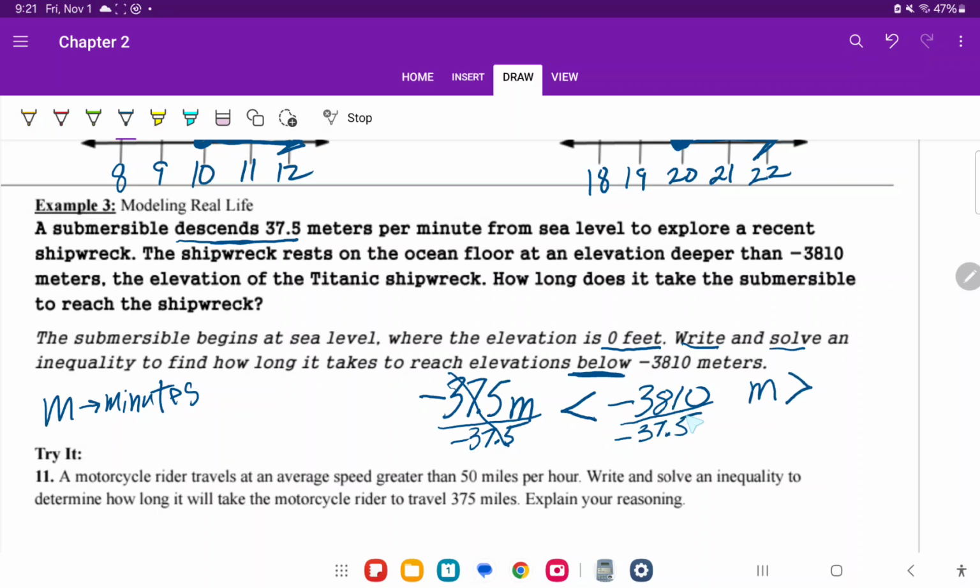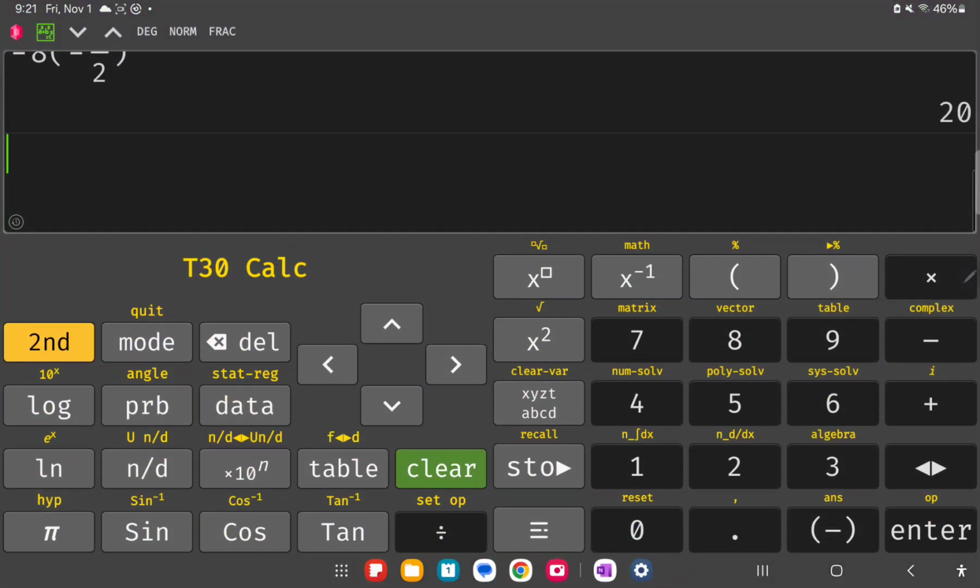And then negative 3,810 divided by negative 37.5, that's going to be 101.6.